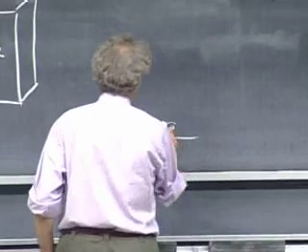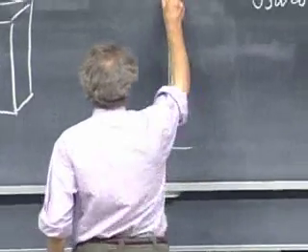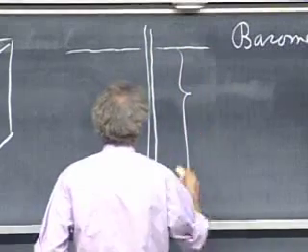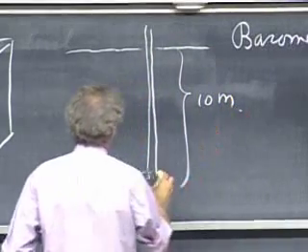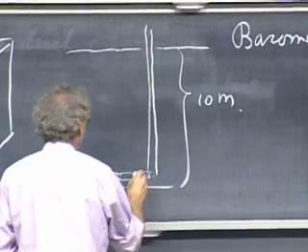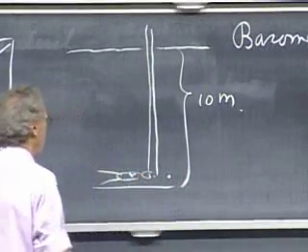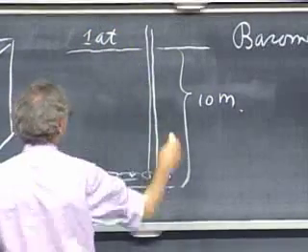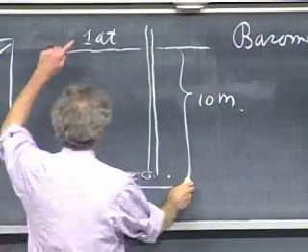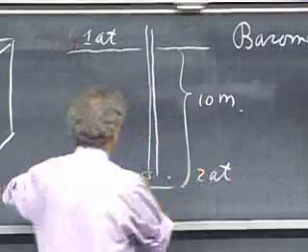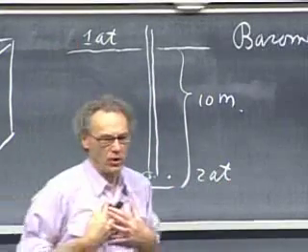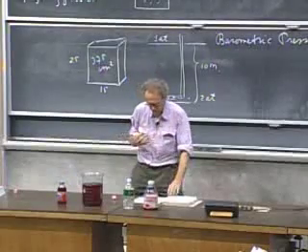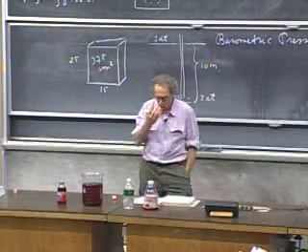If you're here, and you have a tube, here is the water level, and if this is 10 meters, then the overpressure here between your lungs and the water is 1 atmosphere, overpressure. So here is 1 atmosphere barometric pressure, here is 1 atmosphere hydrostatic pressure, plus the barometric pressure, so here you have 2 atmospheres. So there's a huge force on your chest. Inside your lungs is 1 atmosphere, outside is 2 atmospheres, and there's no way that you could breathe.